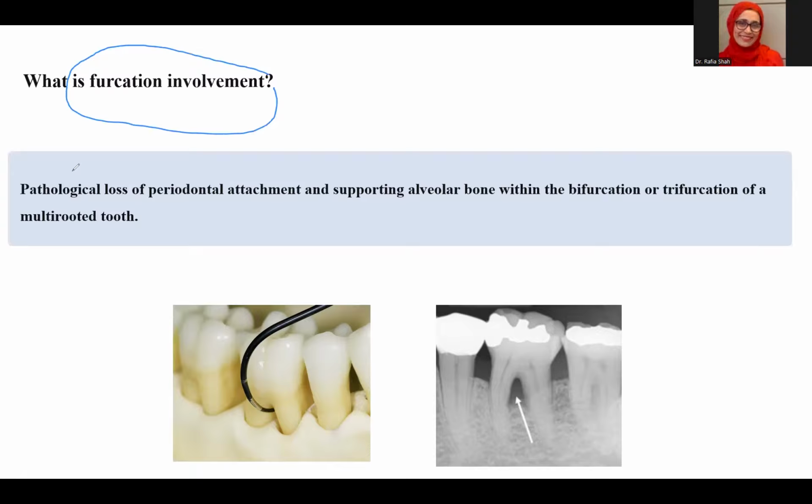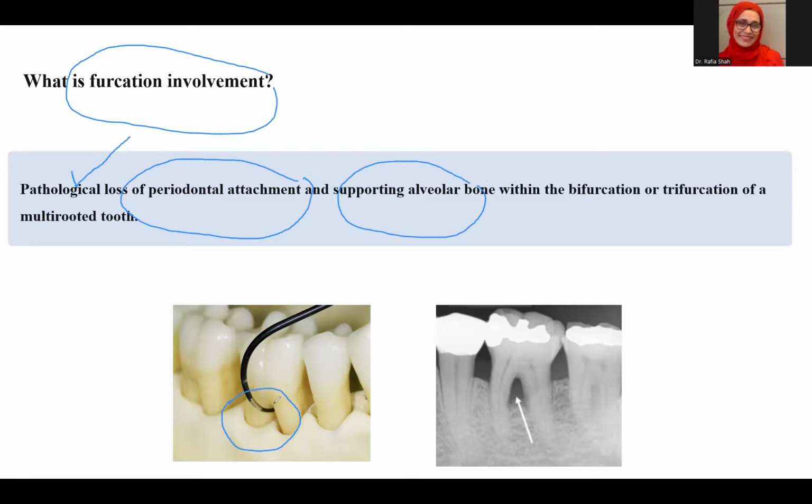Furcation involvement means the furcation region is involved due to a pathological reason, that is bacteria, accumulation of calculus, increased microbial load, and dysbiosis that leads to destruction of periodontal attachment and alveolar bone, particularly in this region of the periodontal supporting structure.